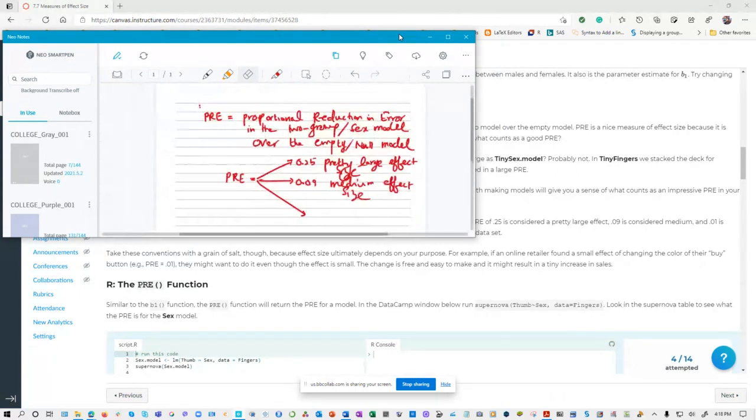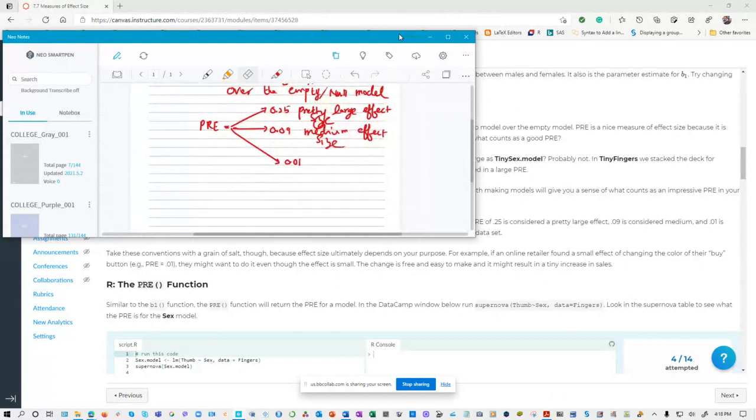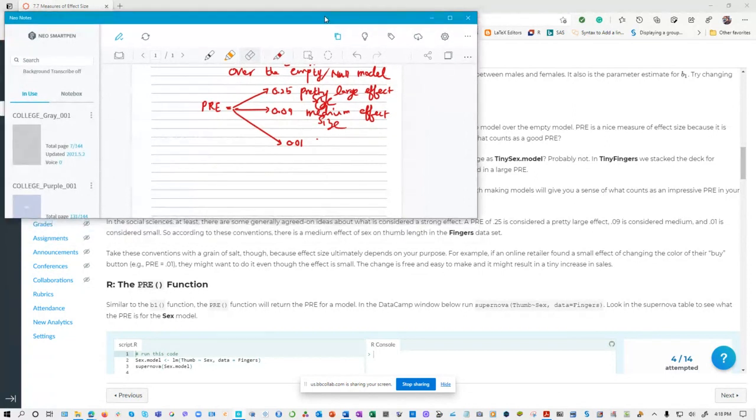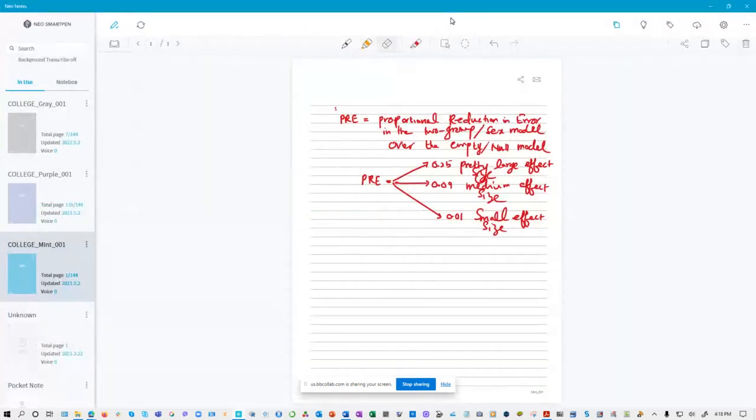If it is 0.01, it is considered a small effect size. These are the threshold values: 0.25, 0.09, and 0.01.